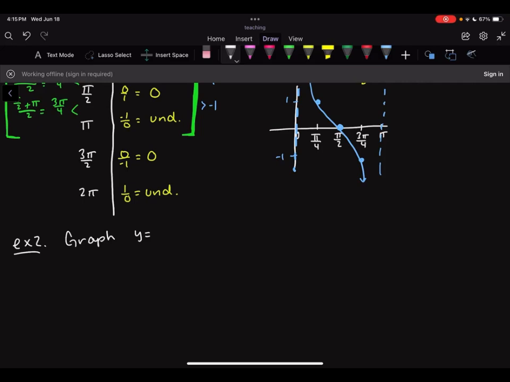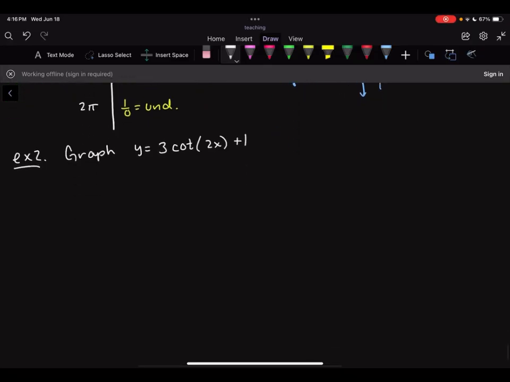Let's do an amplitude of 3, and then we'll do cotangent of 2x, and then I'll do plus 1. I would find my x values the same. Let me write what I would need: period, amplitude, phase shift, vertical shift, and then the asymptotes.